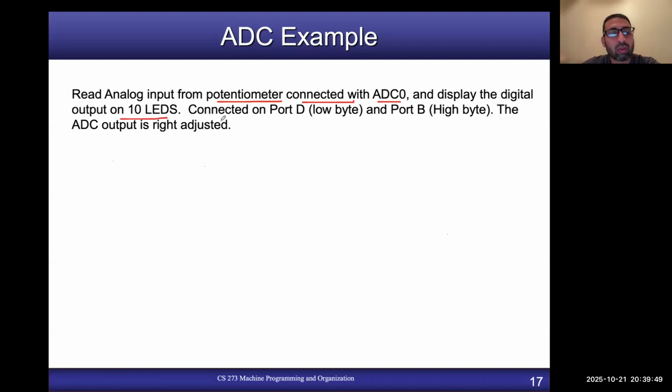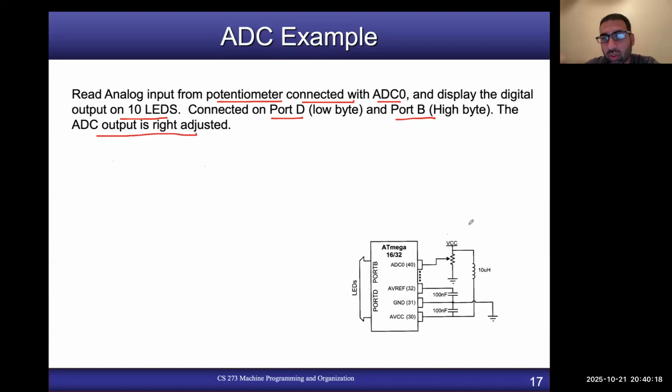You need to connect those 10 LEDs on port D, low byte. So bit 0 to bit 7 should appear on the LEDs connected with port D, and bits 8 and 9 should appear on the LEDs connected with the 2 lines of port B. And the ADC output is right adjusted, okay? So this is how the figure looks like.